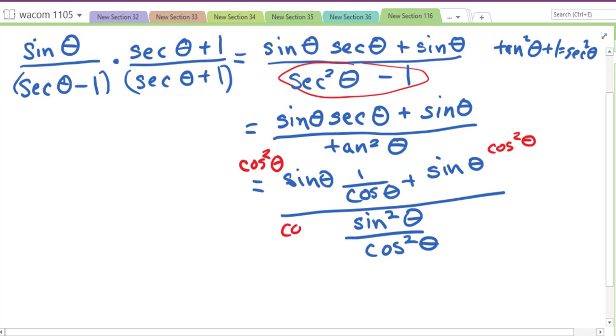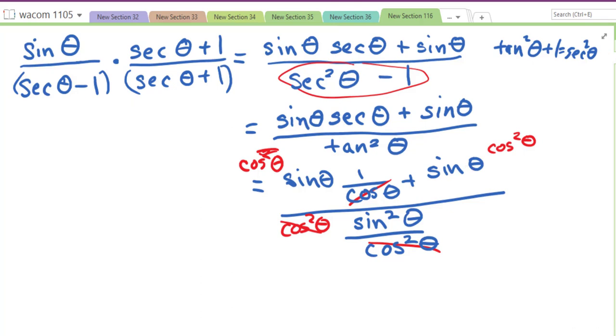All right, now let's clean up. It is going to cancel out this. This one will cancel this one piece. That'll cancel this square. All right, and this one is left.